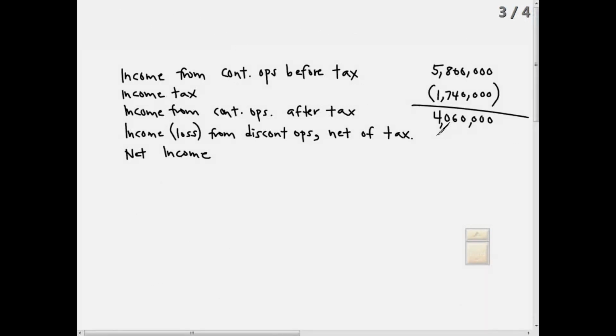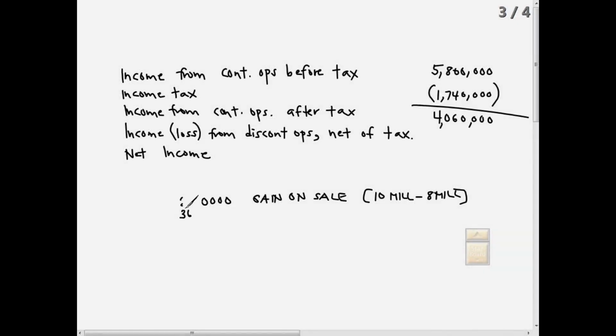Okay. Well, I have the $2 million gain on sale. Right? Remember, it was $10 million that I got minus $8 million for book value. Okay. Plus, I had the, what was it? $3.6 million.